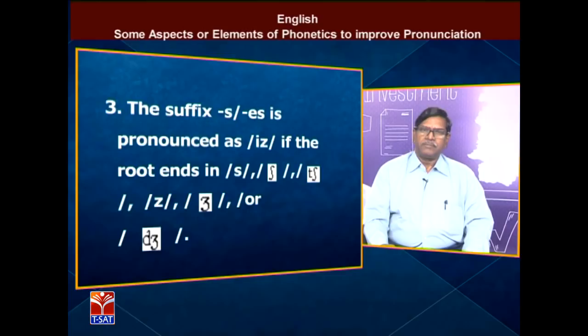If the root ends with either s, sh, ch or z, zh, j, then in such a case the plural marker is pronounced as iz.